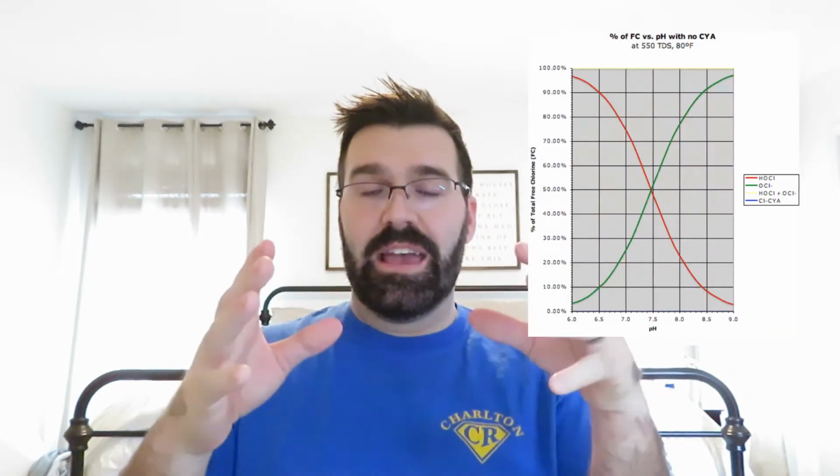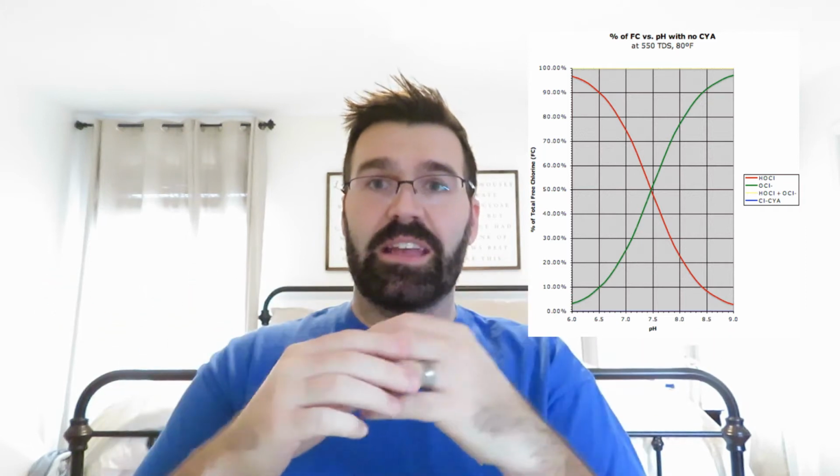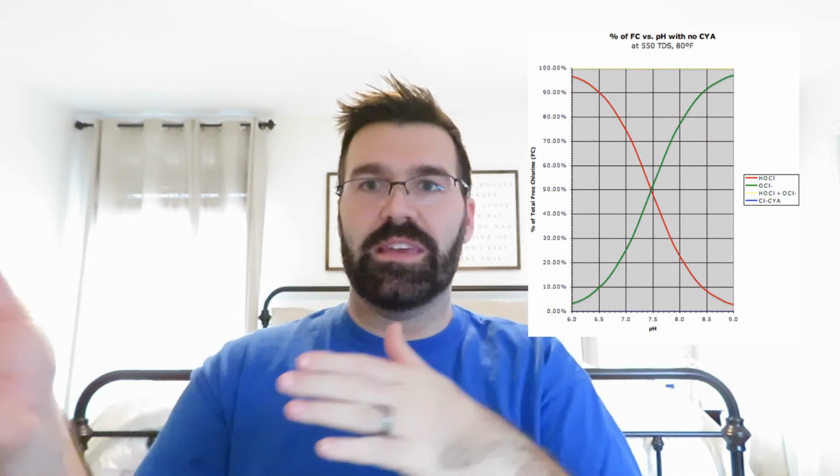So the problem with this is, and pH, again, as you can see, pH plays a huge role in this as well. As your levels of your pH begin to go down or up, the equilibrium of the 2 chemicals begin to fluctuate. Okay, CYA also does the same thing.